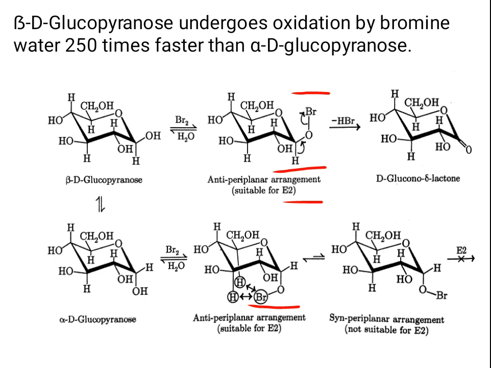So this bromine adopts the syn periplanar arrangement, which doesn't readily give the E2 reaction. That's why this alpha D glucopyranose is very much slower in oxidation than the beta D glucopyranose.